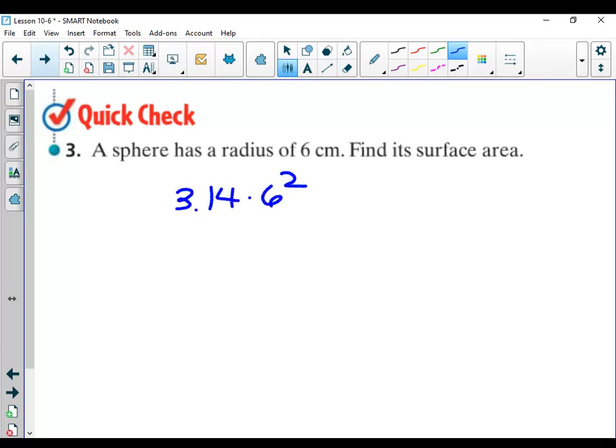Allison? 456, 52, 416, 17. 36 times 4 times 3.14. Think we got it?